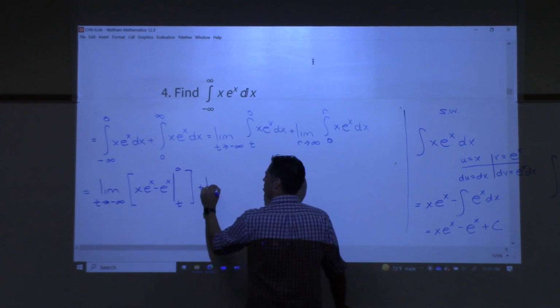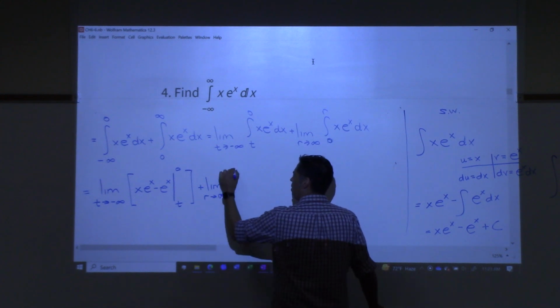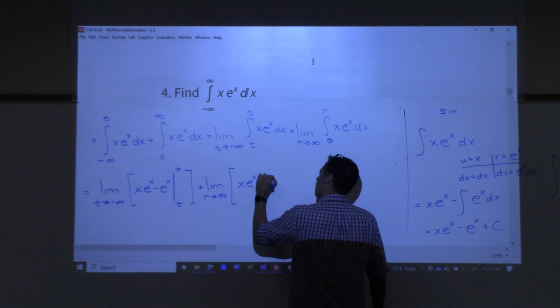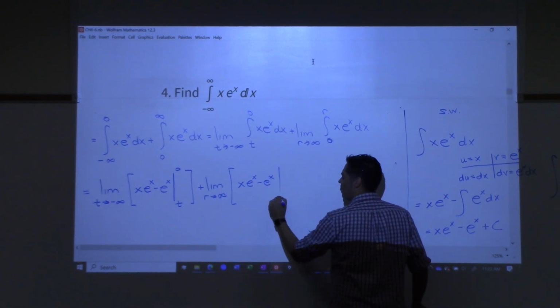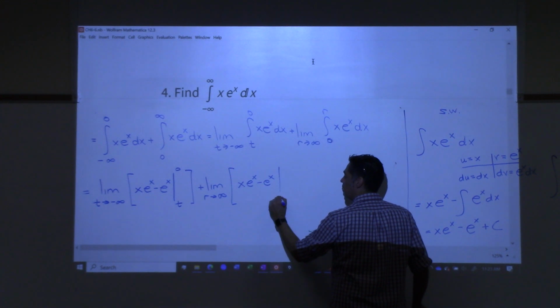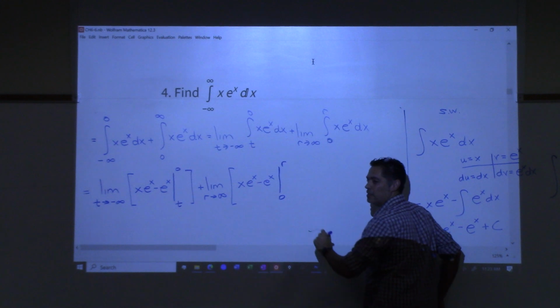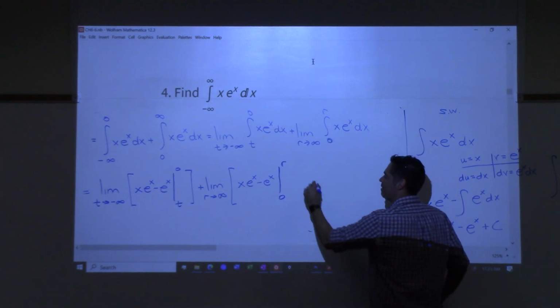Plus the limit as r goes to infinity of the antiderivative evaluated from where to where? R to infinity? 0 to r. Careful. You got it though? Yes? Okay.